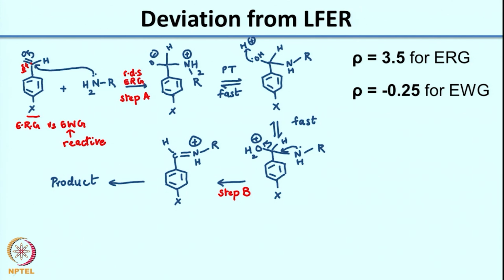Now, let us look at step B. What is happening in step B? You are generating an intermediate here which has a positive charge.